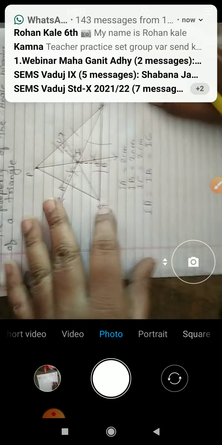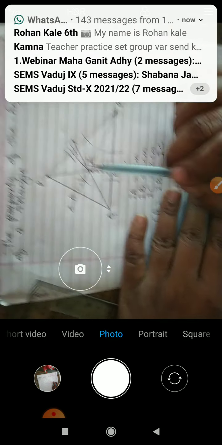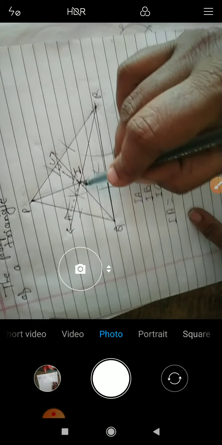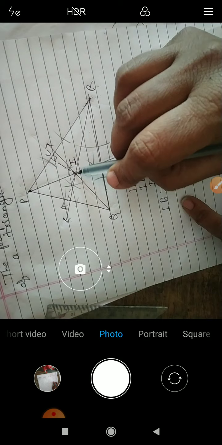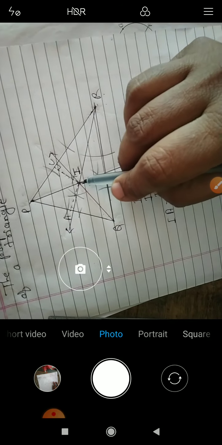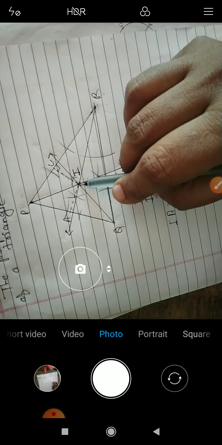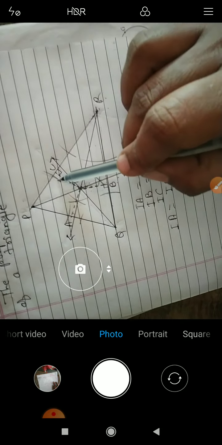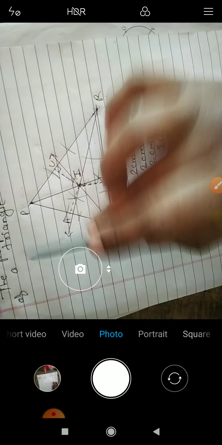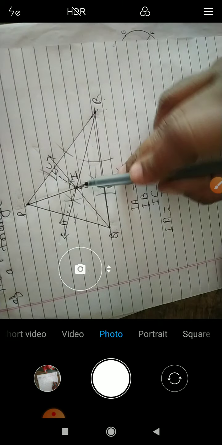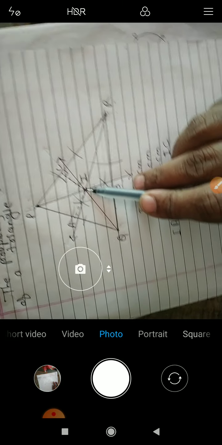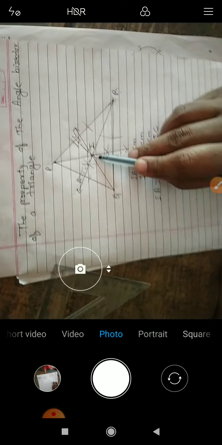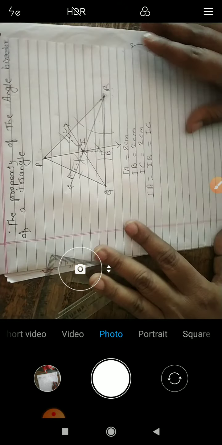And from this we understand that the point of concurrence of the angle bisectors, the incenter, is inside the triangle, and that point is equidistant from all sides of the triangle. So the property of the angle bisectors of a triangle is that the point of concurrence of the angle bisectors is equidistant from all sides of the triangle.